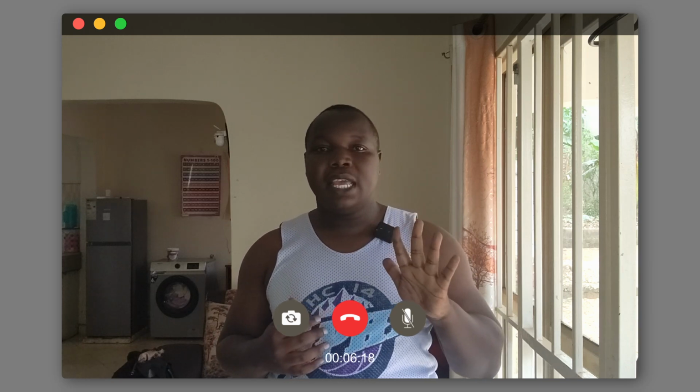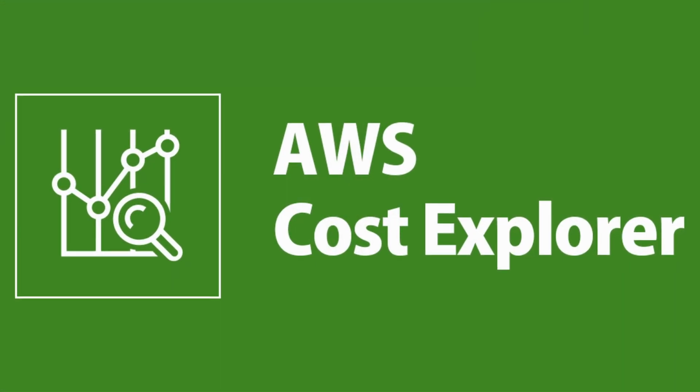The fifth pillar. I said that there are 6, yes. The fifth pillar is cost optimization. AWS offers a pay-as-you-go model, but costs can add up if not managed well. Best practices include using AWS Cost Explorer to track your spending, setting up reserved instances for long-term workloads, enabling S3 lifecycle policies to manage your storage costs, and so many other best practices.